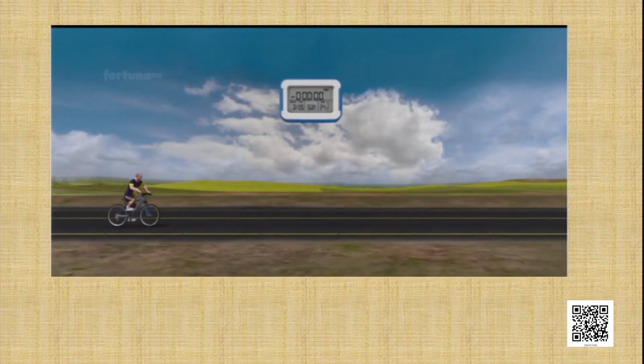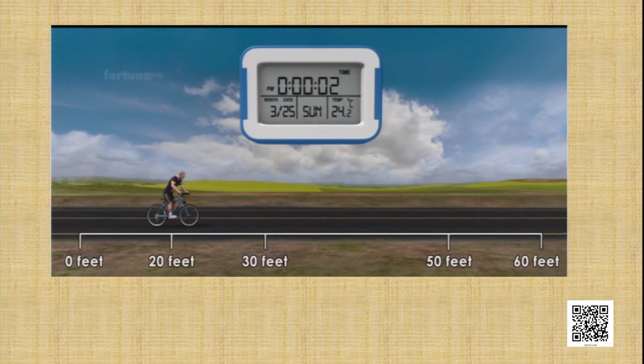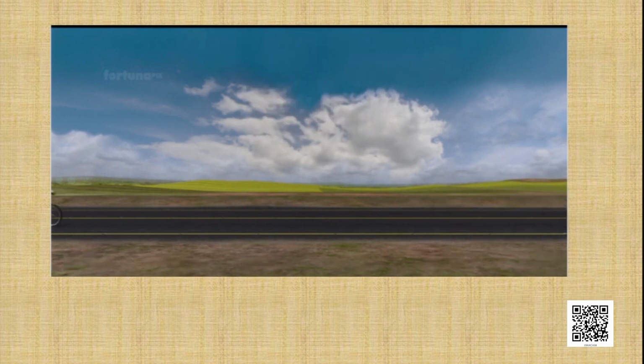Now let's imagine another cyclist on the road. This one is covering 20 feet in 2 seconds, then slowing down and covering 10 feet in the next 2 seconds. Then he speeds up and once again covers 20 feet in the next 2 seconds, but slows down in the next 2 seconds and covers only 10 feet. An object moving at different speeds, covering different distances in equal time intervals, is a non-uniform motion.